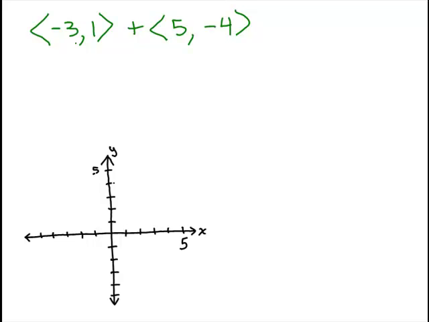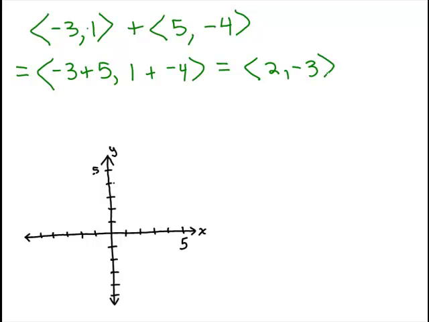Now I could have called this vector v and this vector w and said what's v plus w, but it's okay just to simply write the vectors in this form. So I would add the first components of each, negative 3 plus 5, and the second components of each, 1 plus negative 4, and that should be our resultant vector. That's like saying the sum of two vectors. So that will give you 2, negative 3.